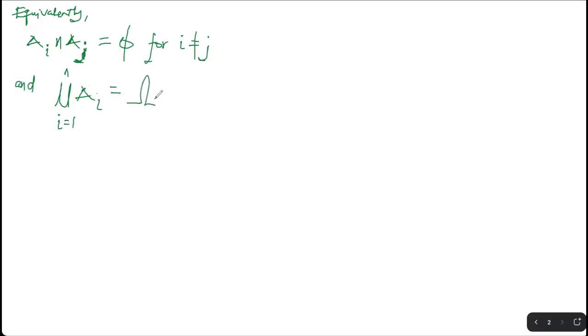So this is it, right? So they are pairwise disjoint, and then they are collectively exhaustive. Now, let's go back to the diagram, and we can proceed from there.